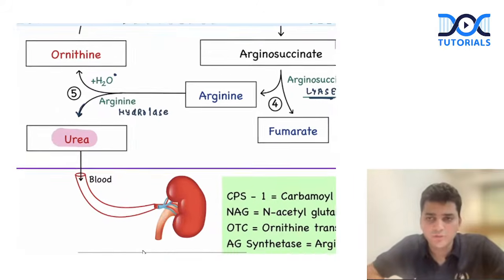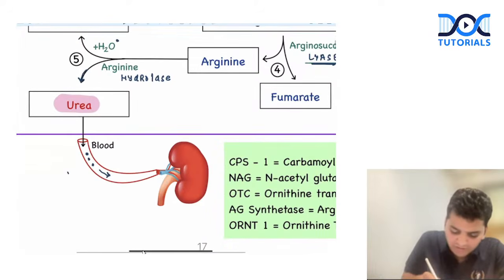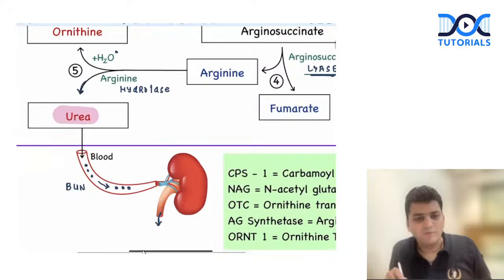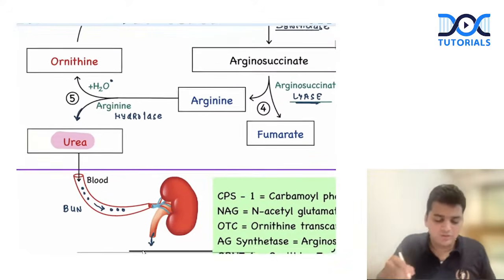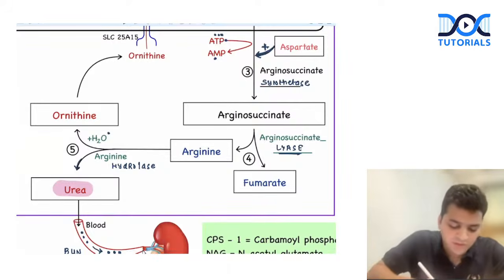And this urea molecule will come in the blood. When the urea comes in the blood, it is called the blood urea nitrogen. And these molecules will be eliminated out. And what is going to happen with this ornithine molecule? This ornithine molecule will go back in the mitochondria and it will be reused.